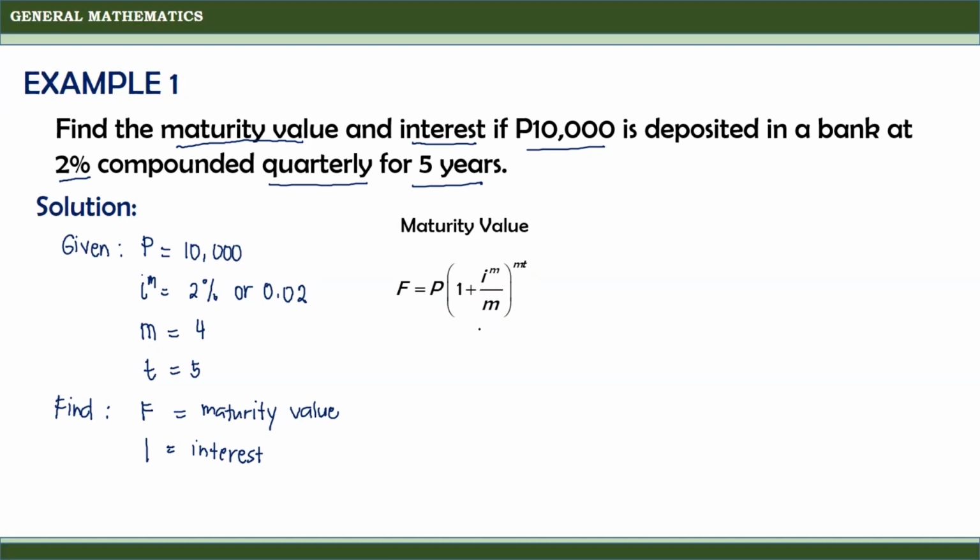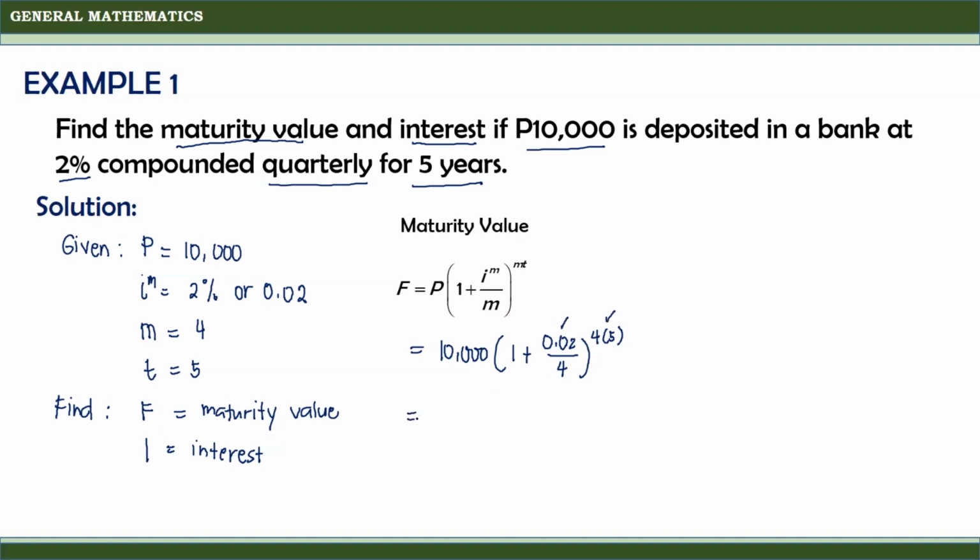Since we have all these variables in the given, then what we need to do is simply substitute these values in this formula. So we're gonna have 10,000 times 1 plus 0.02 divided by 4 raised to 4 times 5. From here, what we need to solve first is this one and this one.